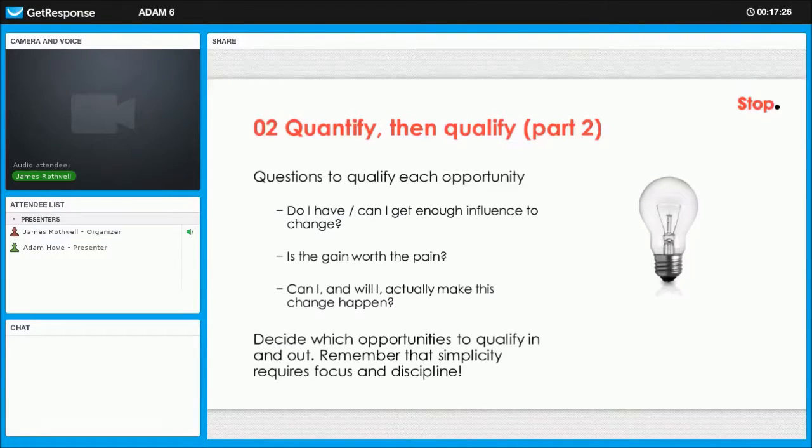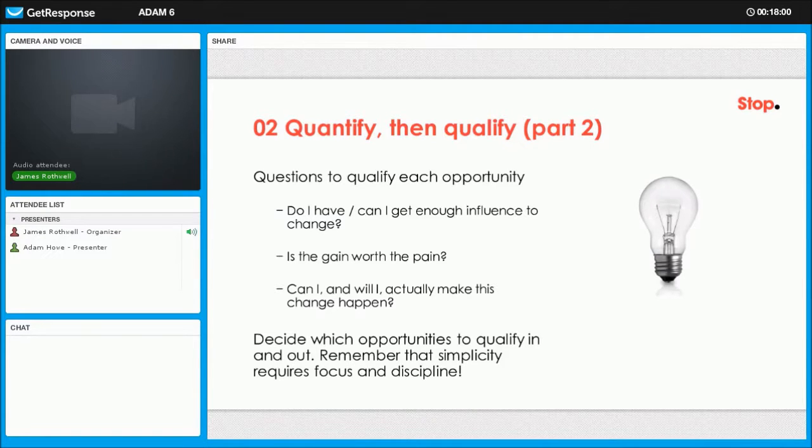So an example might be, wouldn't it be wise to try and simplify a particularly painful feature of a CRM in an organization if we knew that the organization already had plans to change that CRM 3 months down the line? That would just be futile effort and a complete waste of time. So bringing this level of qualification is very helpful for ensuring that we end up trying to solve the right things.